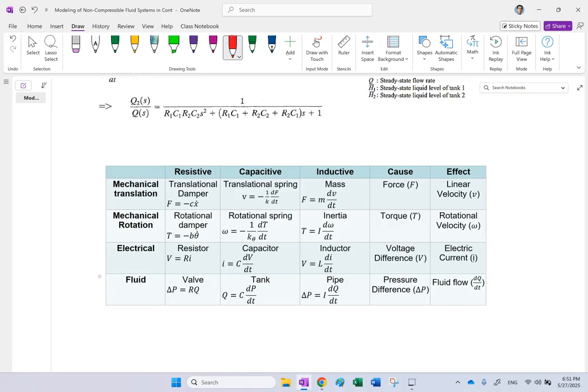We have the valve and pipe for the resistance. For the capacitance, we have the tank. And for inductance, we have the portion of the pipe that we talked about. For the voltage difference, here we have pressure difference. And for electric current, we have flow rate.